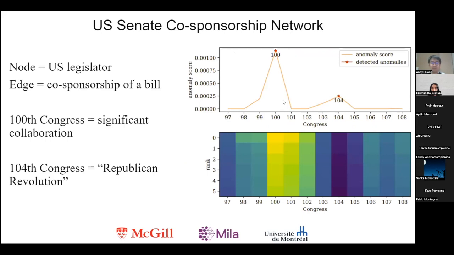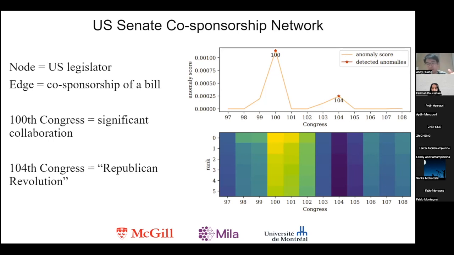And then we also have the US Senate co-sponsorship network. Here the top is the anomaly score plot, which is the final output of LAD. So you can see that the higher the anomaly score, the more anomalous this point is, and vice versa.